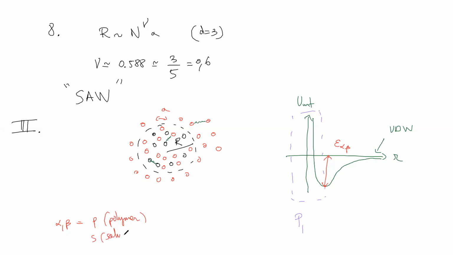You have two species in our problem, so you have three energies that are important: epsilon PP, epsilon PS, and epsilon SS. So I have two species, so I have three possible interactions, and I need now to incorporate those enthalpic or energetic considerations into the previous problem.